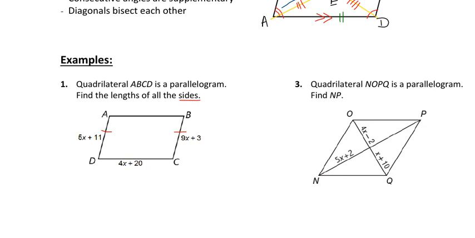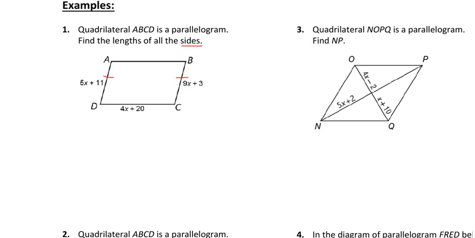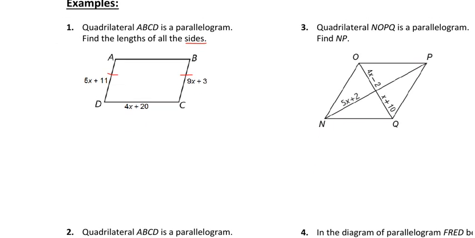And so I can write an equation using these two sides. And the equation would be BC is equal to AD.